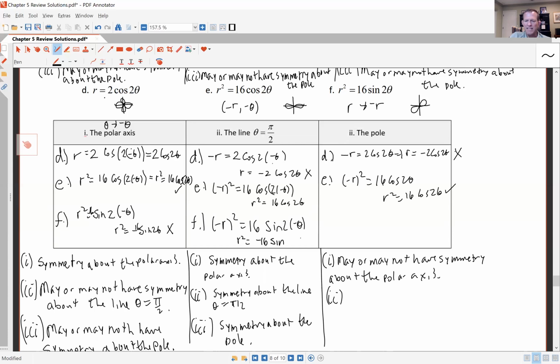So we produced a different equation. So again, we may or may not have symmetry about the line theta equals pi over 2. We can certainly see by the picture that it doesn't.